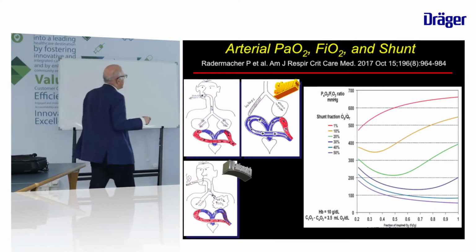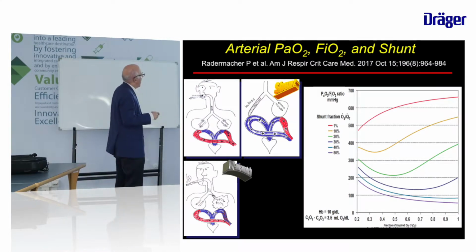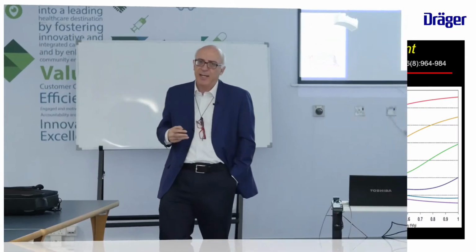So we can say that if you have around here 20% of shunt in green, and you are ventilating in air, you have 300 divided by 5, so you have around 60.